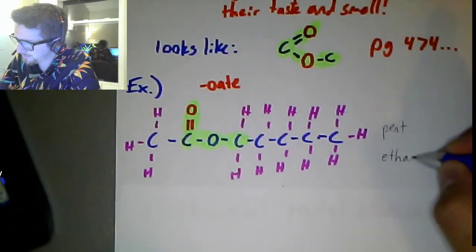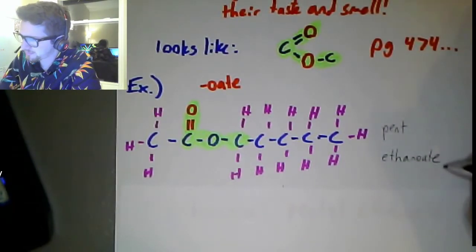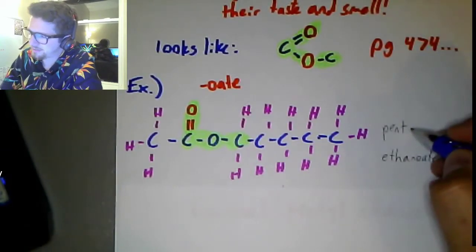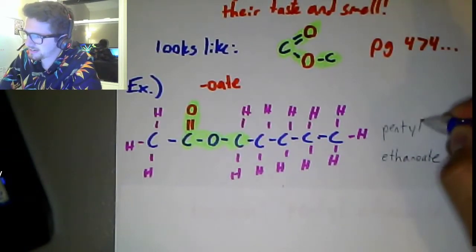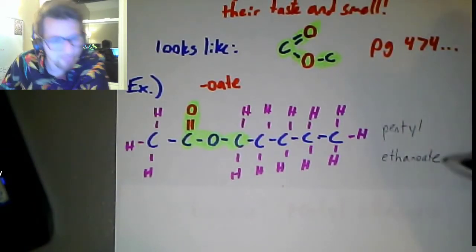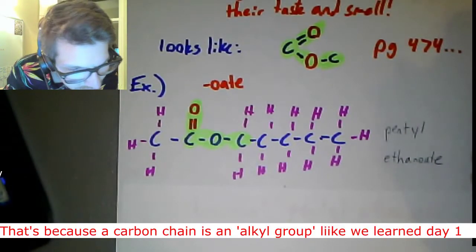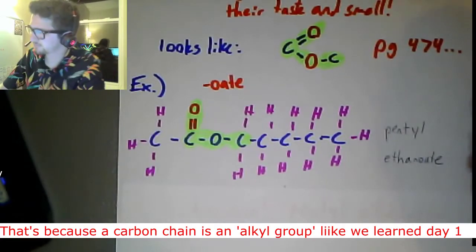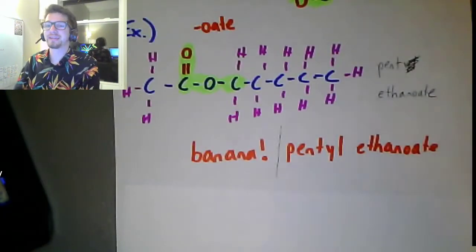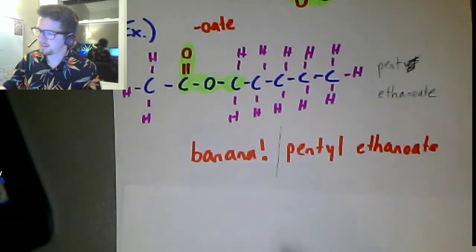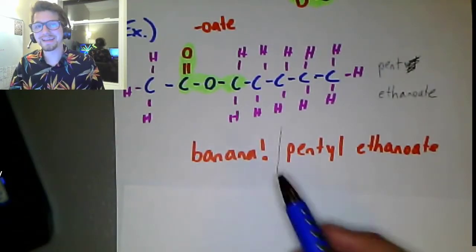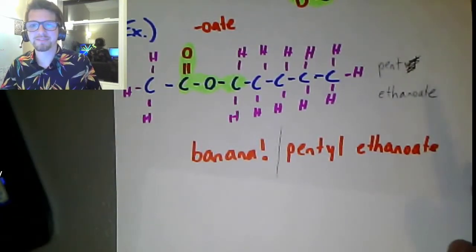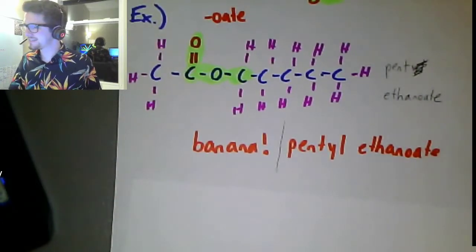So this would become ethanoate. And then for this pent, I'm going to throw in a yl, pentyl. Pentyl ethanoate. Hey, fantastic. And this is the flavor of banana. This is the chemical that gives banana its smell and its taste.